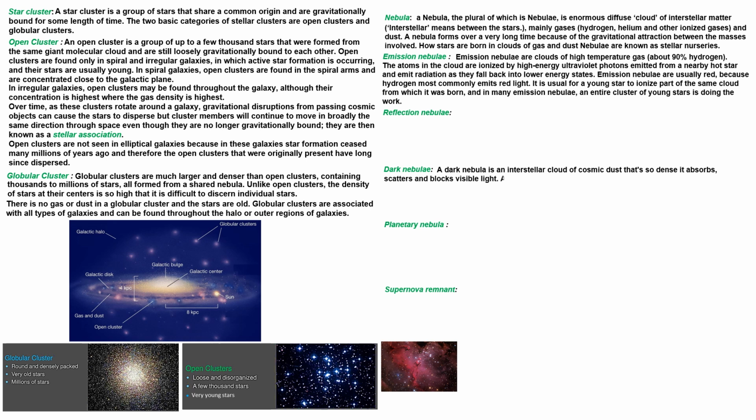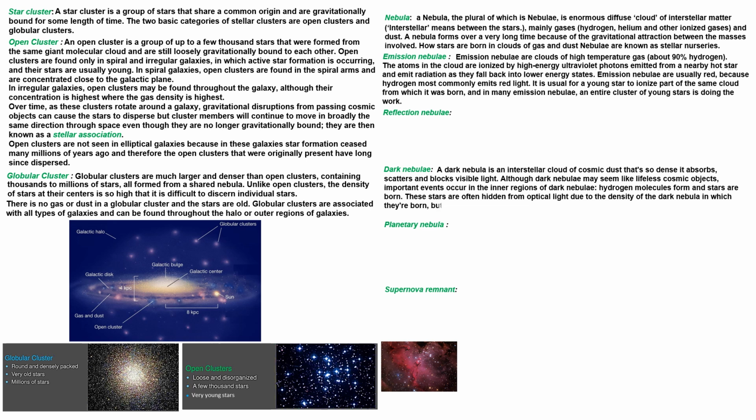Although dark nebulae may seem like lifeless cosmic objects, important events actually occur in the inner regions of dark nebulae. Hydrogen molecules form and stars are born. These stars are often hidden from optical light due to the density of the dark nebulae in which they are born, but radio and infrared telescopes allow astronomers to peer through the cosmic dust and get a closer look at the star formation occurring within.